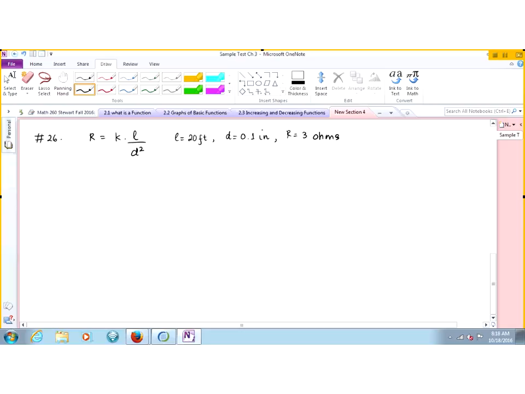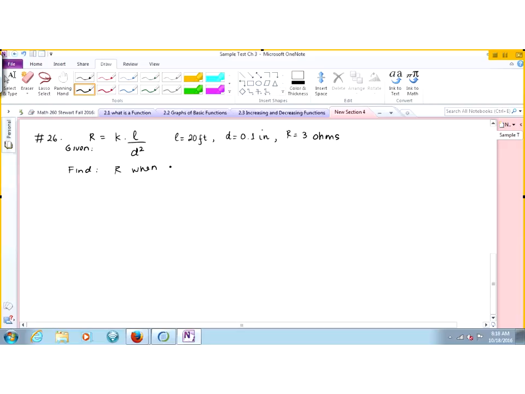Okay, so anyway, what would you do in this case? Find K, all right. So you're going to substitute, so this is given. And you need to find, okay, what would the resistance be for a 42-foot length with diameter 0.01 inch?